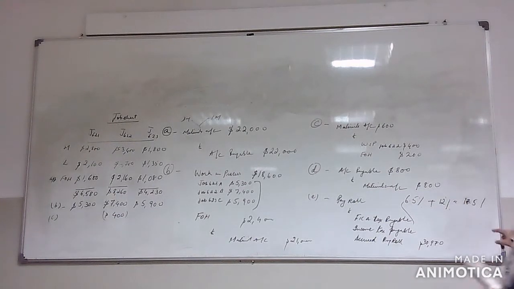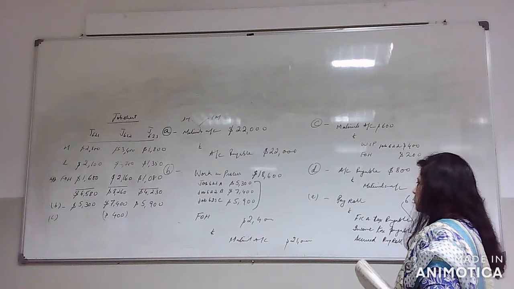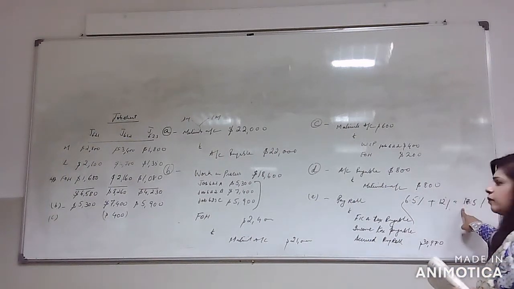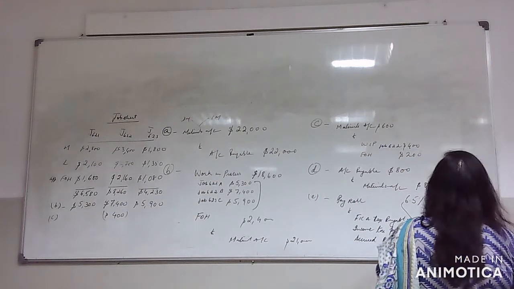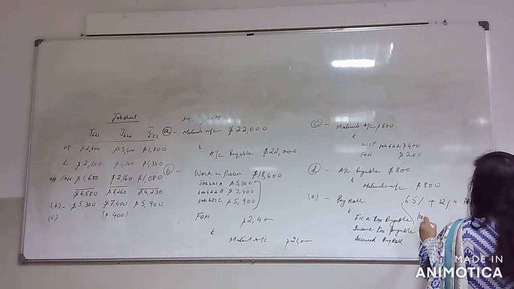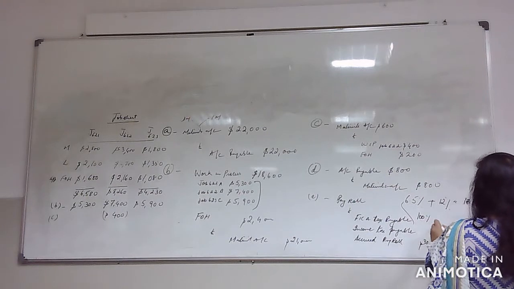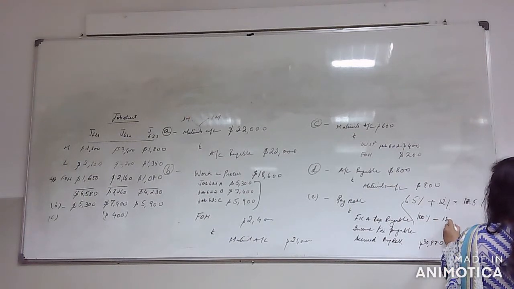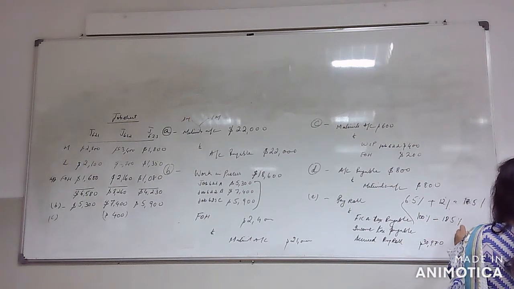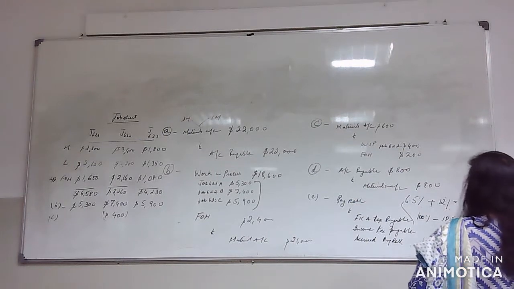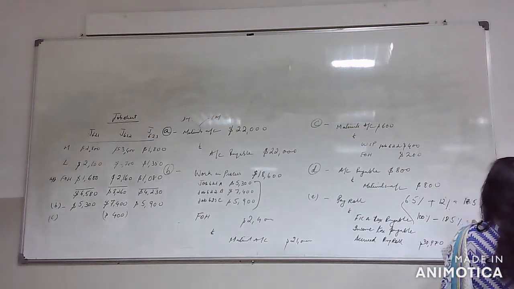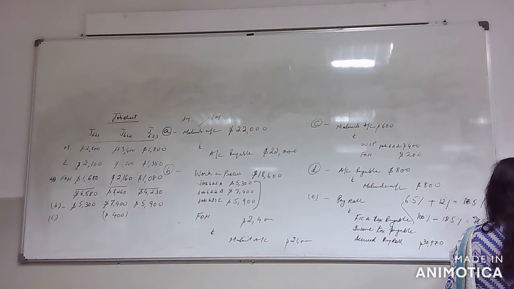So now you know that this figure is 18.5% the tax, and if 100% is the total amount, then after you deduct the tax, 18.5%. Okay, so now how much is left? 78.5%, right?